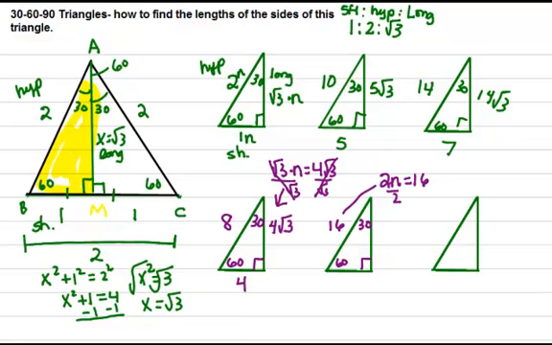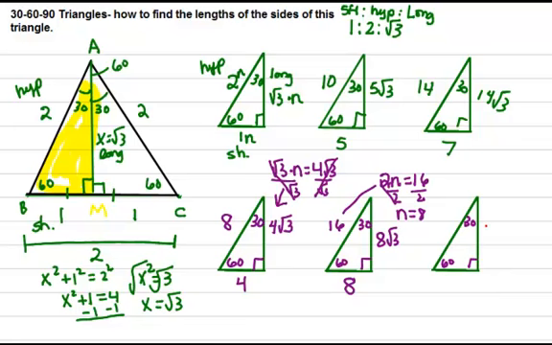If I solve this for n, I divide both sides by 2. n is 8, so the 1n is 8. And then I know that my longer leg is 8 times the square root of 3, or 8 square roots of 3.